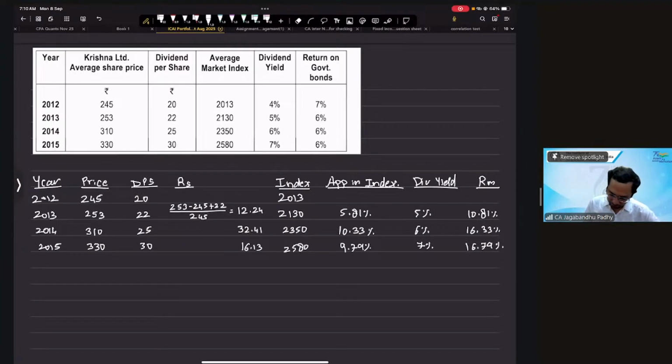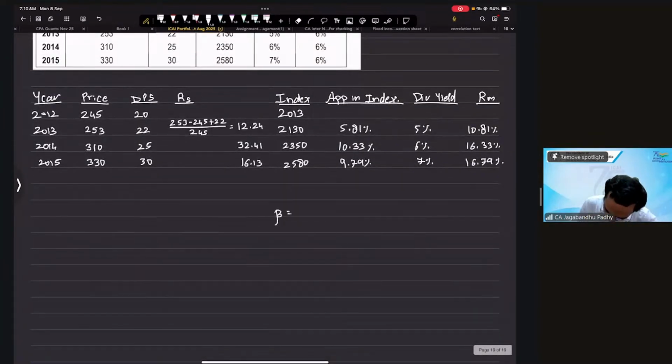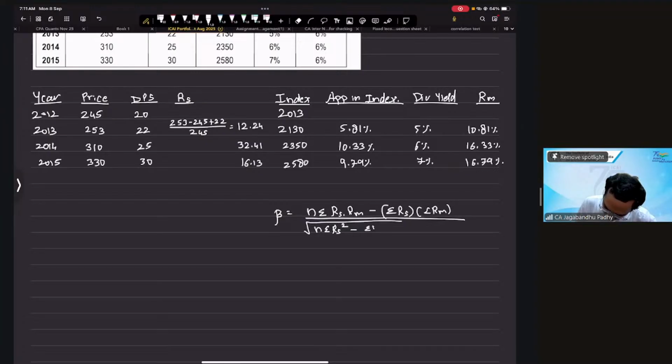Now to get the value of beta, we need n times the summation of return of security into return of market, minus the summation of return of security into the summation of return of market, the whole divided by the root of n times the summation of return of market square minus the summation of return of market, the whole square.